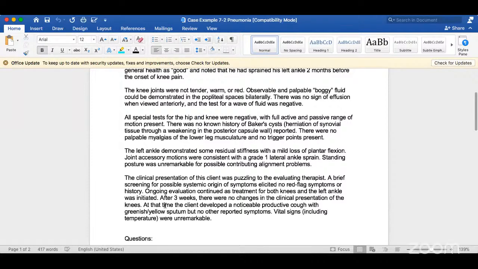I just want to point us to a statement towards the end. It says after 3 weeks, there were no changes in the clinical presentation of the knees. Then it says at that time, meaning it's possible there was a thorough review, even asking about the chest, and possibly nothing was there. Possibly it was at that time the client developed a noticeable productive cough. So possibly what Dr. Ajiboye is saying is that if there was a thorough assessment, signs that this cough would have presented itself at a later time would have been seen.